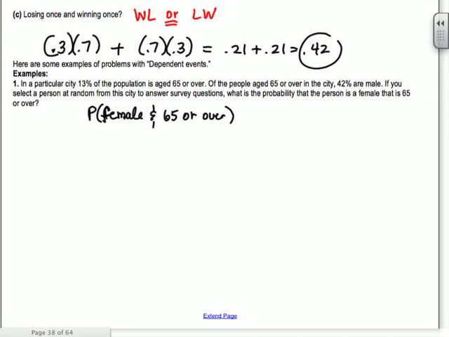Like, this is an independent event. Okay, I'm pretty sure this is a dependent event. Let me think about it. So 13%, 65 or over, under 65.